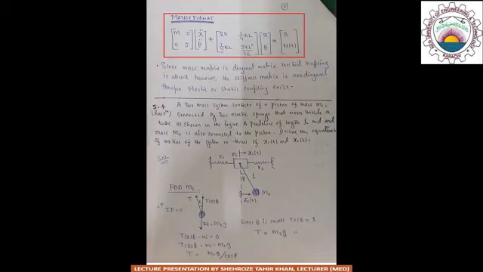As you can see, in this matrix form we have two matrices involved. First is the mass matrix and the other is the stiffness matrix.